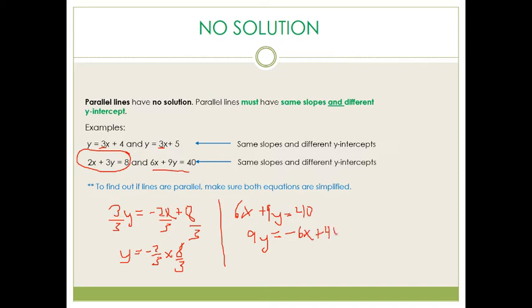And then I'll divide everything by 9 so that I'll get y is equal to negative 6 over 9 x plus 40 divided by 9. And notice that negative 6 over 9 really reduces to negative 2/3. So these two lines have the same slope but different y-intercepts. So there are parallel lines with no solution.